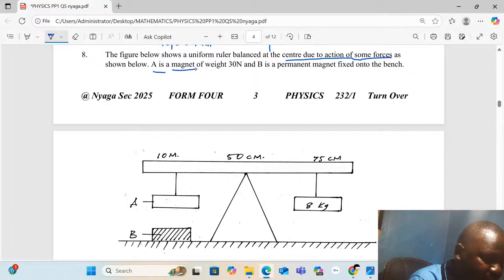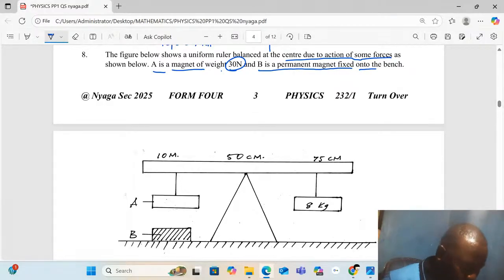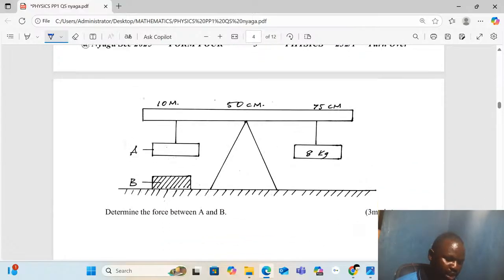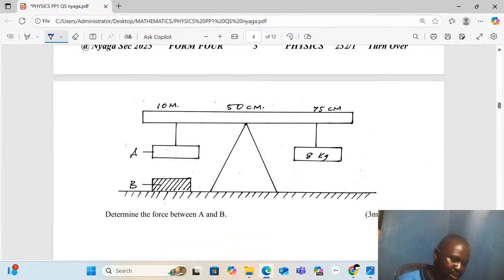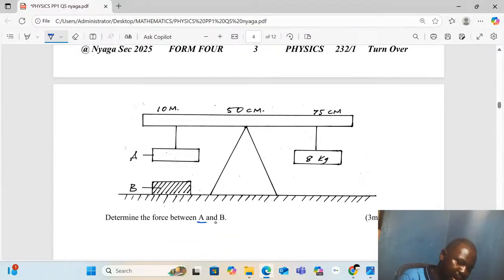A is a magnet of weight 30 newtons, and B is a permanent magnet fixed on the bench. So now you are asked, from the diagram, to determine the force between A and B.